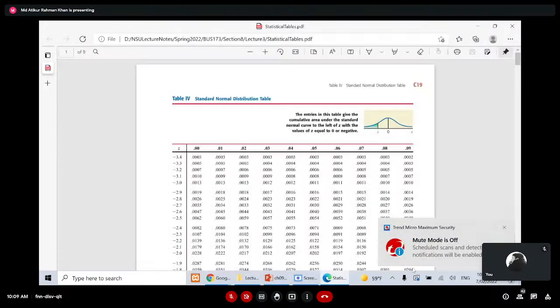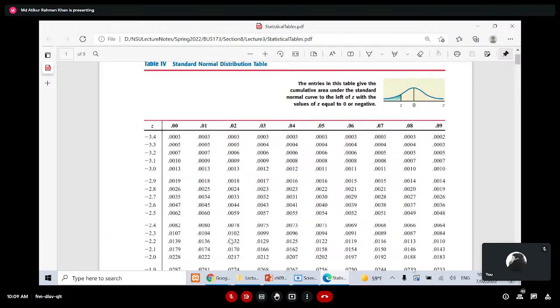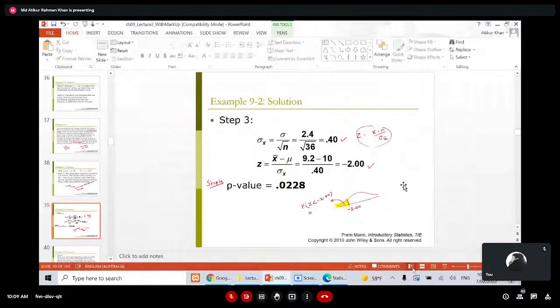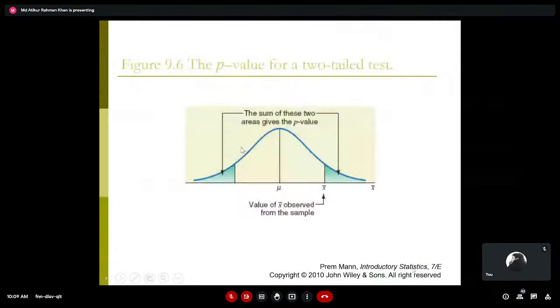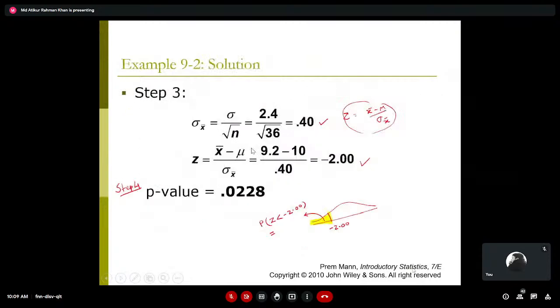I think yesterday you got 0.02, something like that? 0.0228. For minus 2.00, so 0.0228. So we got the p-value, right?